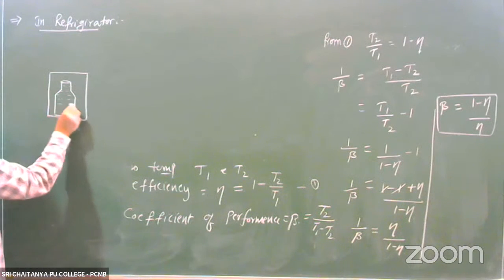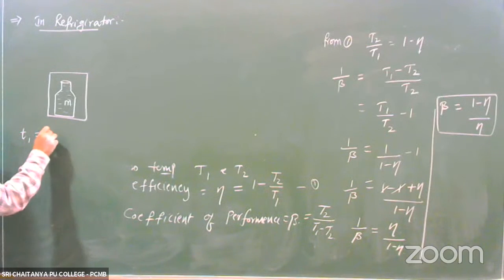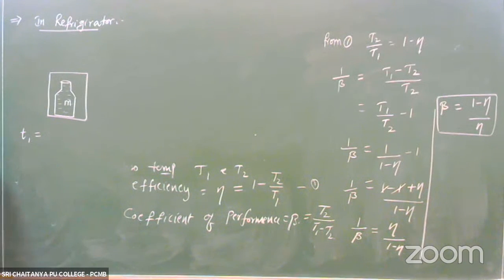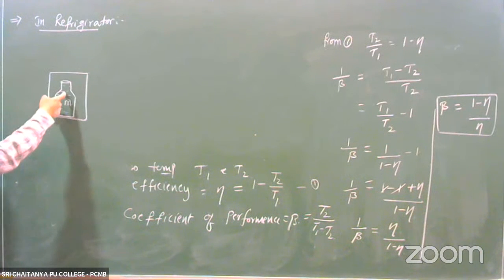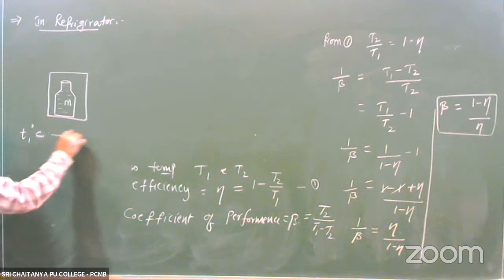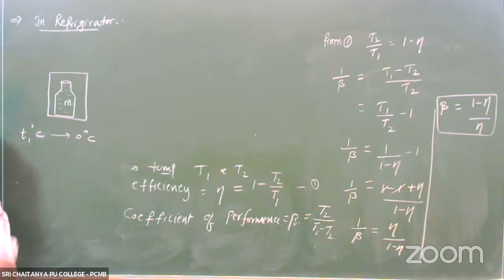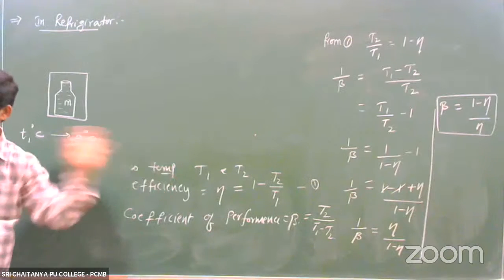Let some material, a water bottle, let us say, of mass m, whose initial temperature before keeping it is some T1 degree Celsius. I placed it in to cool it to 0 degree Celsius. From T1 degree Celsius to 0 degree Celsius, I want to cool this water. For that, I keep it in the fridge.